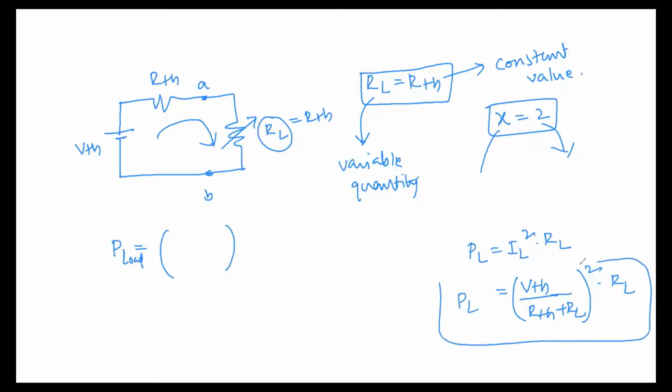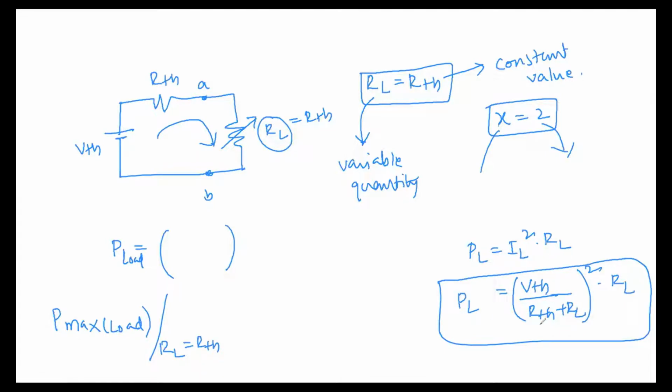This is the power equation, but we don't know the maximum power. In order to find the maximum power of the load, we have to substitute RL is equal to RTH. Previously there were two variables, RTH and RL. We have found the condition for maximum power transfer, so we substitute it in that equation. RL we got as RTH.